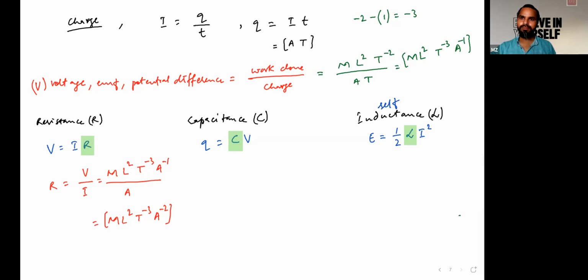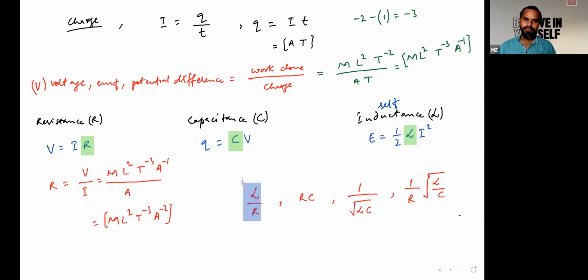They will ask you like L by R, times C, 1 by root under L times C, and 1 by R under root L by C. These would be four different combinations regarding this LCR. Just remember, or you may find this whole relation, or you may find the dimension of this whole part.